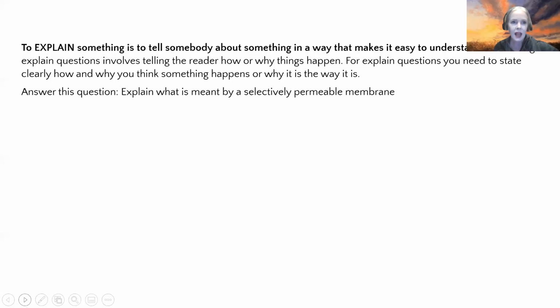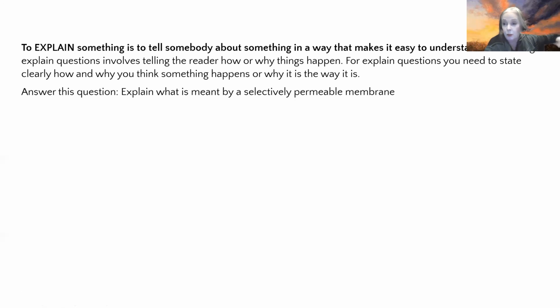Okay. So now you're going to explain. What we're looking at explaining is the selectively permeable membrane. And again, always imagine that you're explaining it to a 10-year-old or a 12-year-old. Keep it simple in your head, but anticipate the whys. I think I said this last week, my child is always asking me why every 2 seconds.